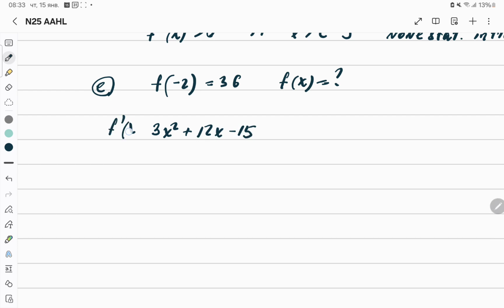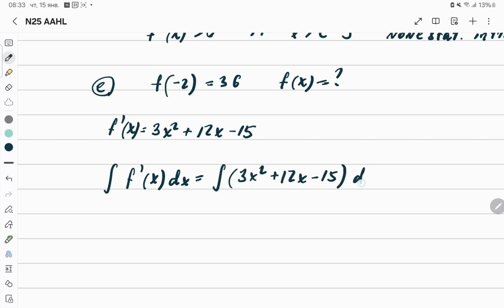So this is f prime of x. And now how to find f of x? It's for sure integration, right? So let's find the integral of this expression, 3x squared plus 12x minus 15 dx.